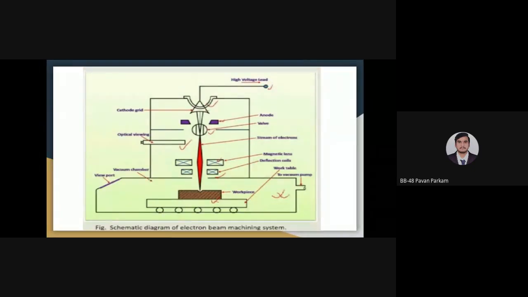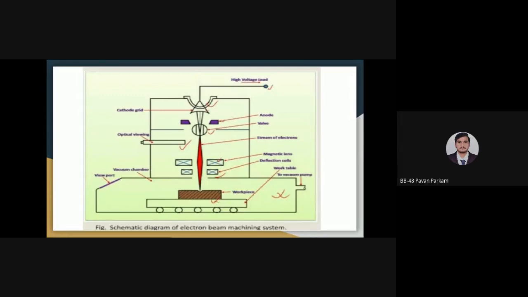Whatever this recast layer, whatever this molten material re-deposits on your workpiece, that recast layer can be reduced by this chemical backing material. The recast layer is produced when molten material deposits on your machined surface.